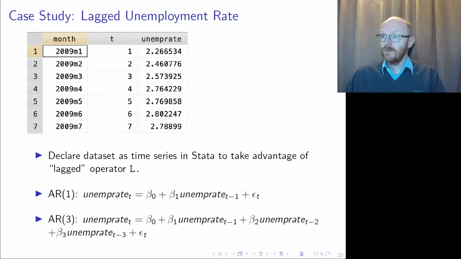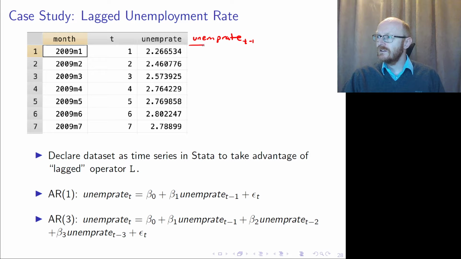Okay, so let's go to our case study. We have the unemployment rate, and in the previous video we used the polynomial trend to explain the unemployment rate, but we saw that we couldn't really trust the forecast. So what are we doing now? We can create more lags. For example, unemployment rate t minus 1.